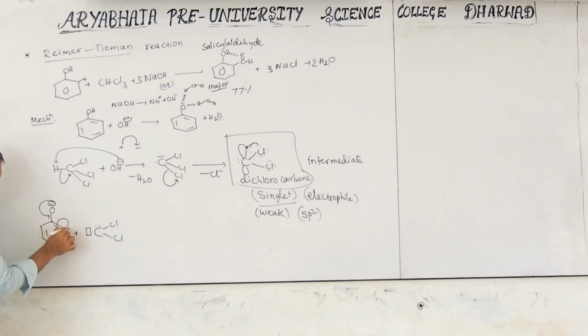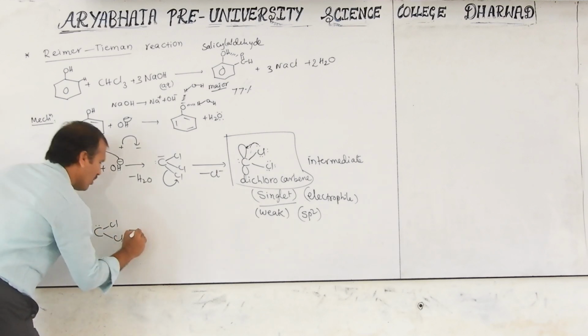But actually we will not write it like this. Directly you write like this. You have to understand that this pi bond can be here and the negative will be here, but if you write so many arrows it does not look good. It's a good nucleophile compared with the O minus. The carbon negative charge is a good nucleophile here, as there is no hydrogen bond with the water molecule.